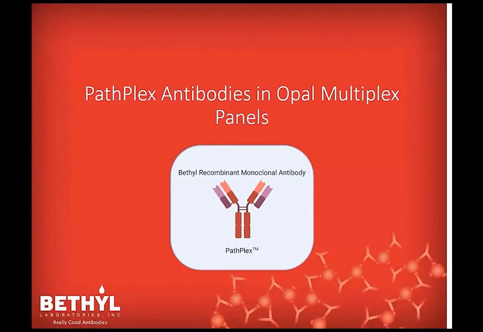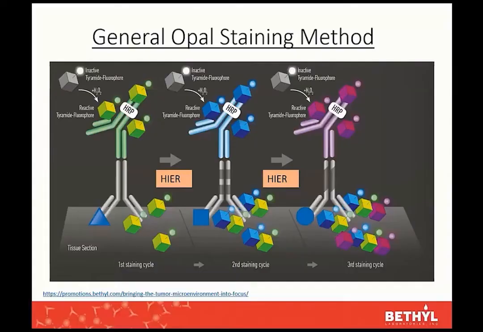So we're switching gears from how do you choose an antibody and the problems that can arise from antibody use to using these Pathoplex antibodies in an OPAL multiplex panel. So let's review just the general outline of the OPAL method.